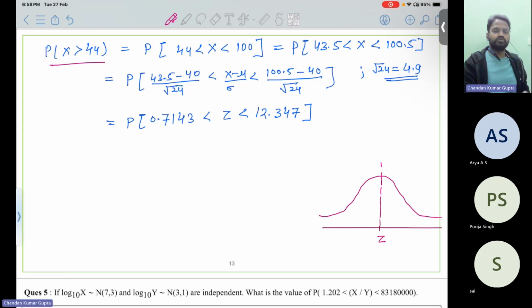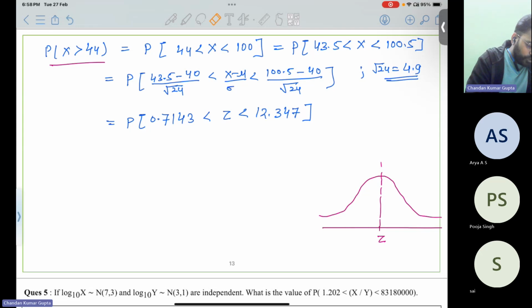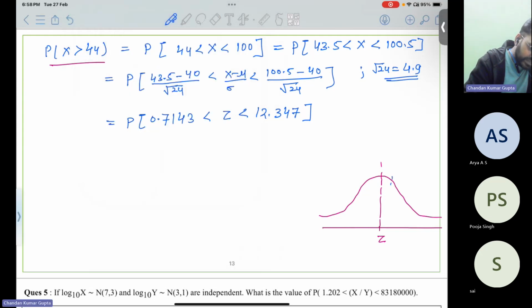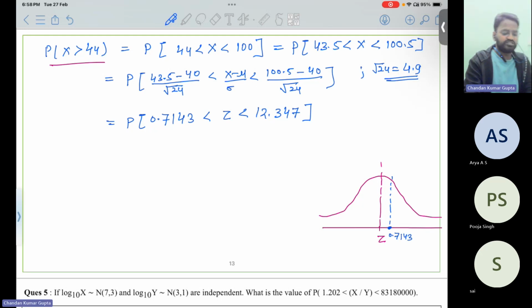Always try to draw the curve so you have an understanding of how to calculate this. Now 0.7143 lies approximately here, and 12 point something is somewhere here.